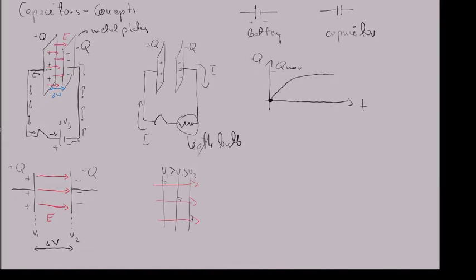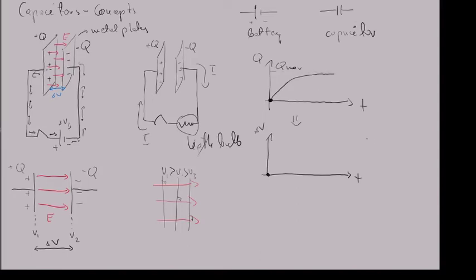Once we know how the Q behaves, then we can figure out from this graph how voltage will behave across the capacitor. So let's draw another graph here, potential difference versus time. If there is 0 charge on the plates in the beginning, then there will be 0 voltage in the beginning as well.